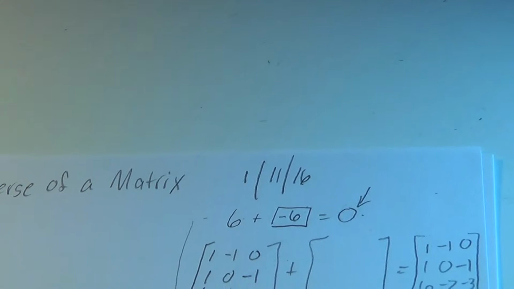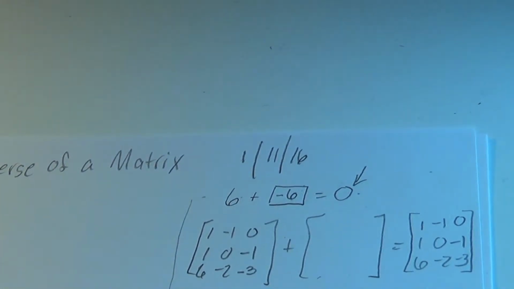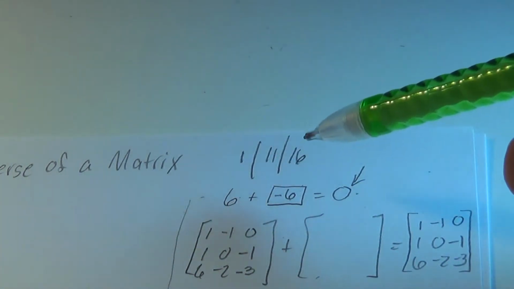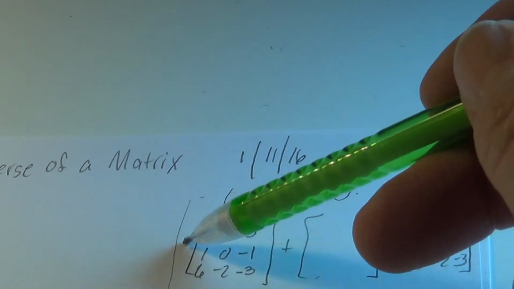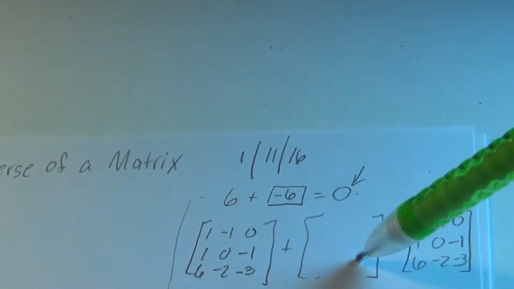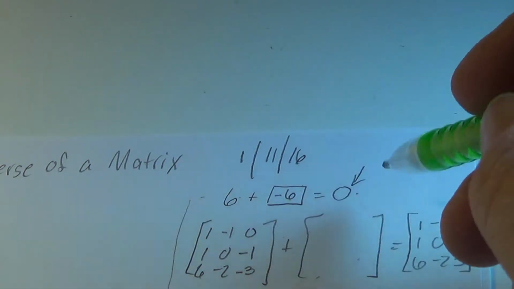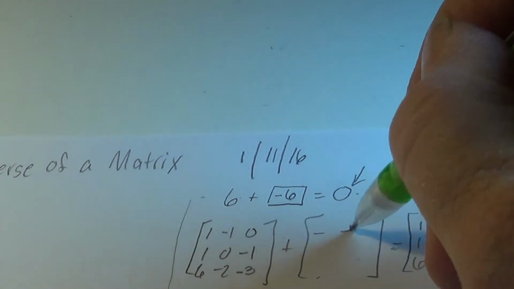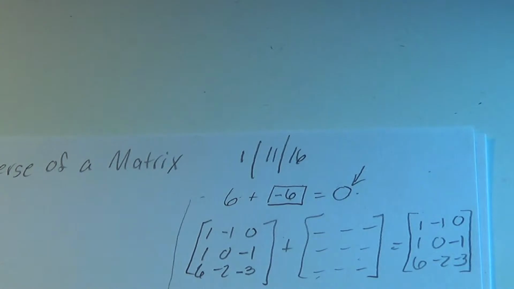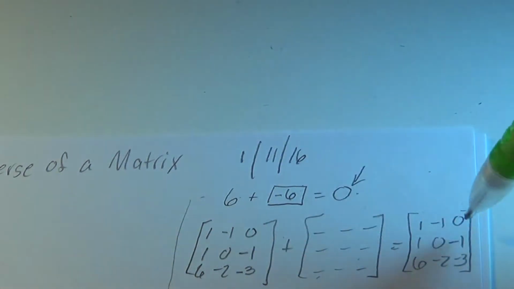So what do you add to 6 to get the identity for addition? Let's look at matrices. Before I talk about the inverse, let's talk about this. We start with a matrix, we're going to add something to it, and we're going to get the identical matrix. What would that be? What would I add to these elements to get this?